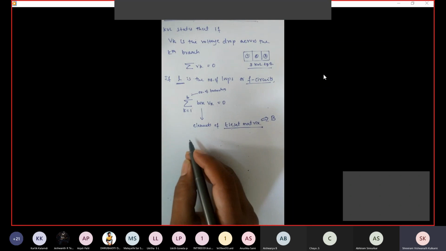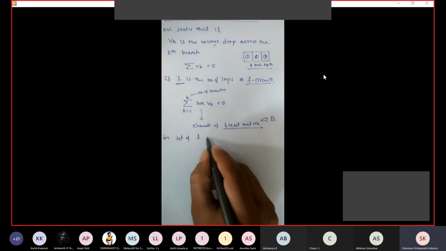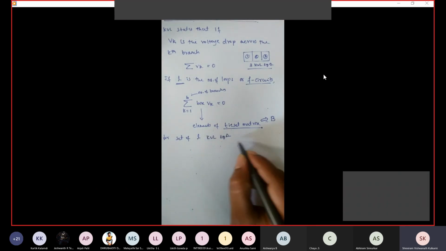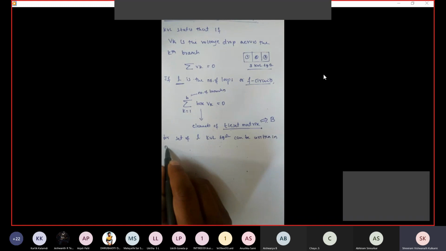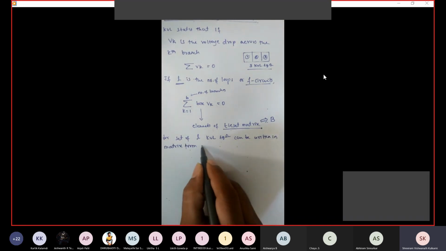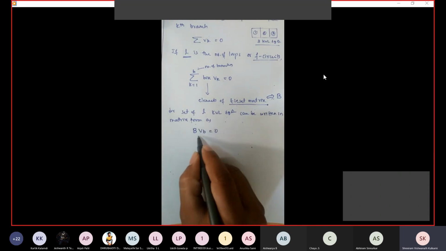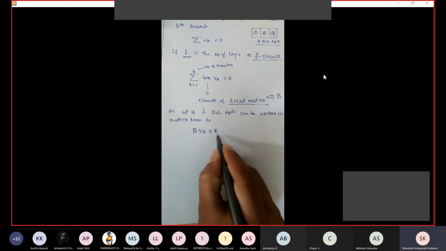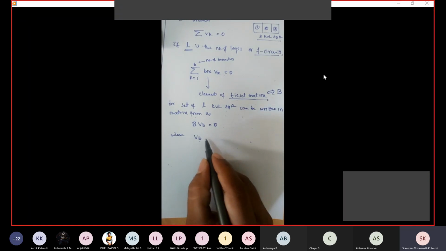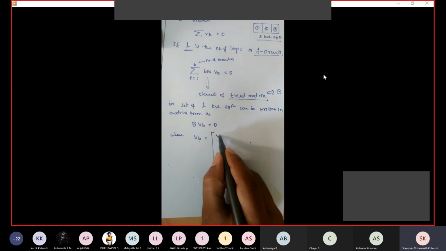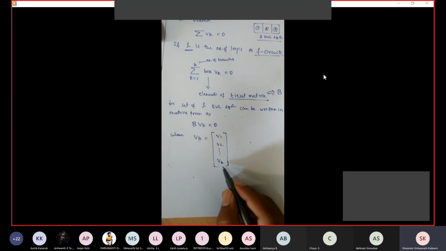Then the set of L loop equations, that is, the set of F circuit KVL equations, can be written in matrix form as capital B, the tie-set matrix, times VB, the branch voltage, equals to 0, where VB is a column matrix V1, V2 up to VB, up to branch b.